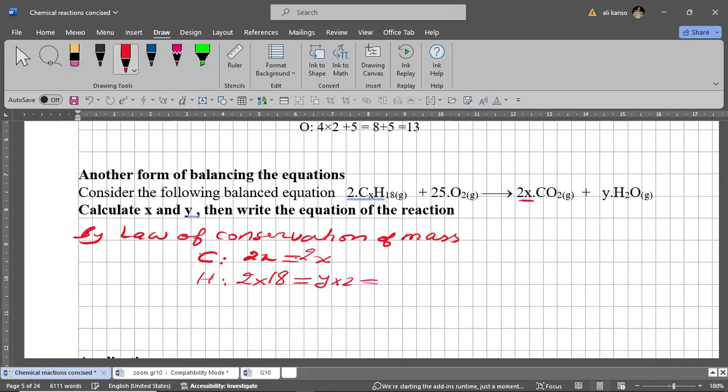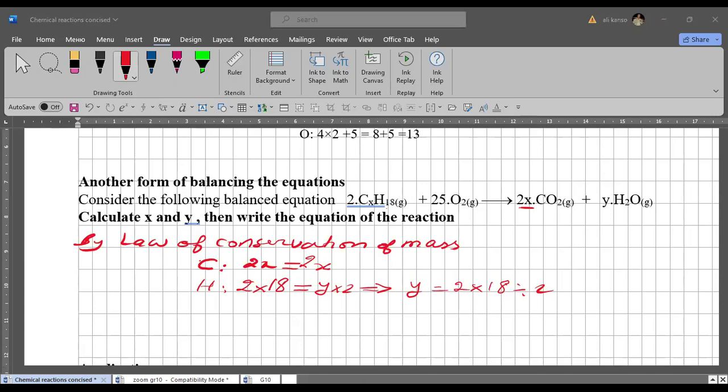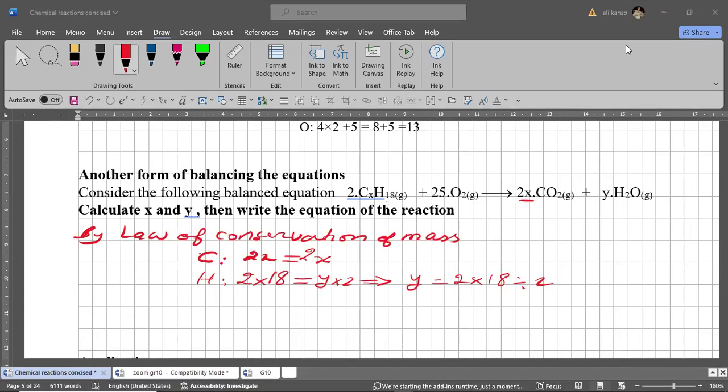If we solve this, y equals 2 times 18 divided by 2. So y is equal to 18.